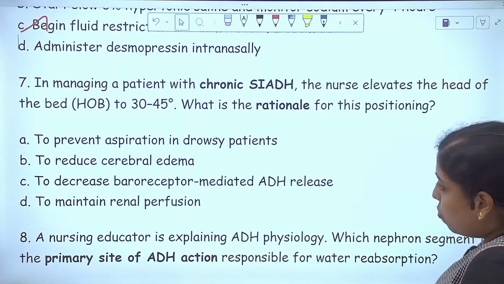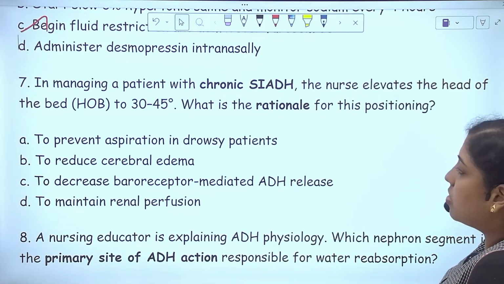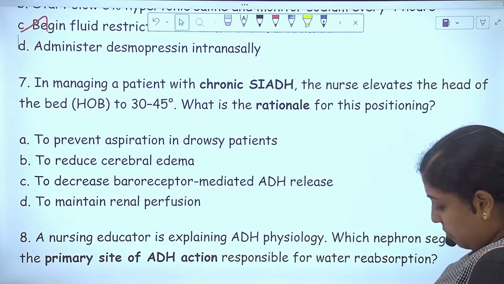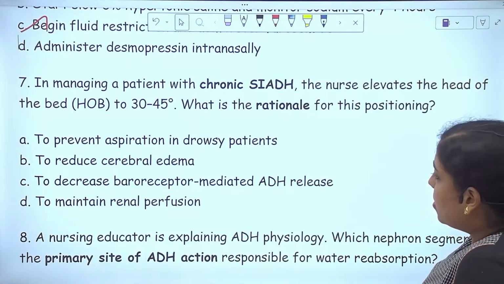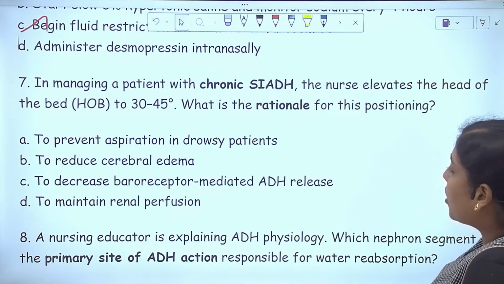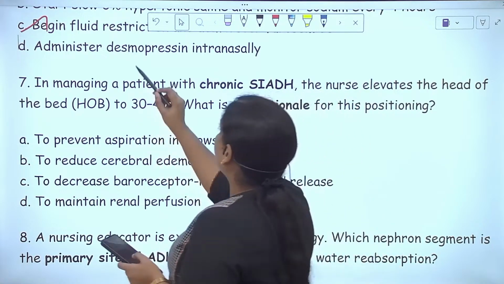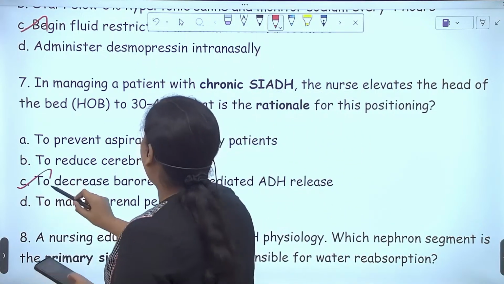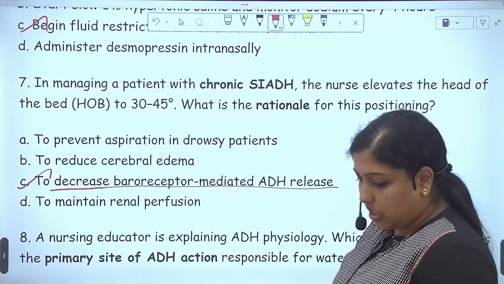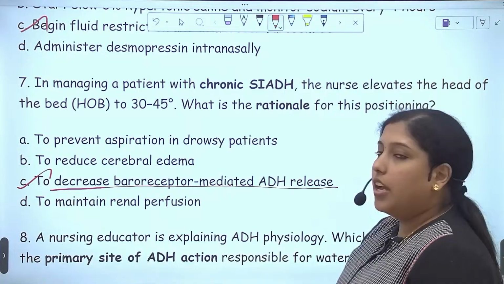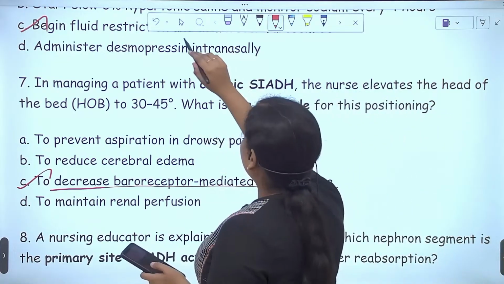In order to decrease the baroreceptor mediated ADH production, we put the patient in the elevated bed, that is in the semi-Fowler's position, right? So obviously the correct answer is to decrease the baroreceptor mediated ADH release. We are putting the patient in 30 to 45 degree elevation. Yes.